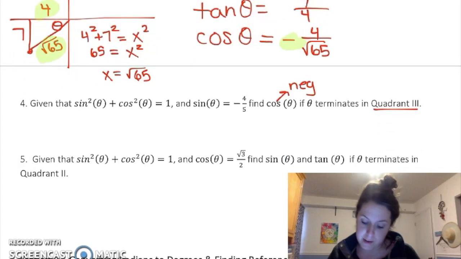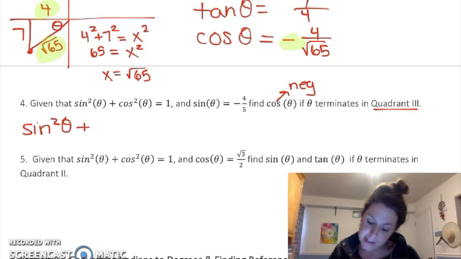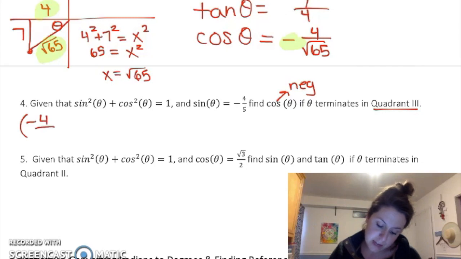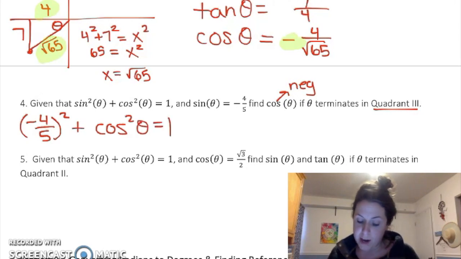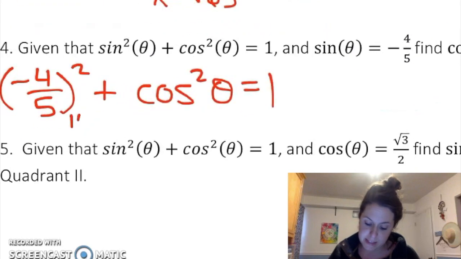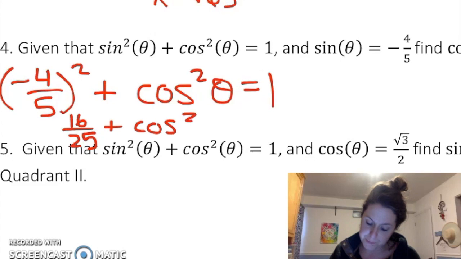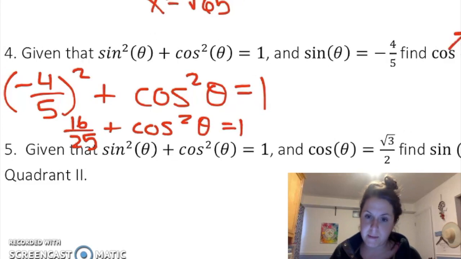So let's sub in. So sine squared plus, oh, whoops, I was doing it wrong in my head. Sine is actually negative 4/5. So negative 4/5 squared plus cos squared equals 1. Now I'm going to square everything. So this would be 16 over 25 plus cos squared equals 1, right?